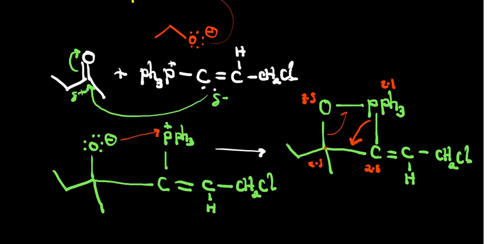So what are we going to have after that? This bond right there is going to go together with the OPPh3, and then this bond right there is going to form a double bond connecting the rest of the structure, and that becomes our final product. How easy is that? So let's proceed.